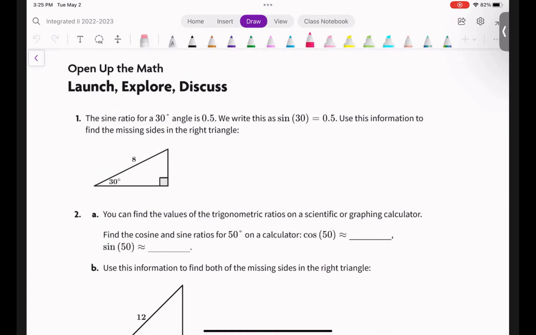So number one says the sine ratio for a 30-degree angle is 0.5. I'm just going to tell you right now, whenever I see decimals and I'm dealing with this, I will always switch it over to a fraction, because sine is opposite over hypotenuse, and it's a lot easier to deal with if I see a fraction.